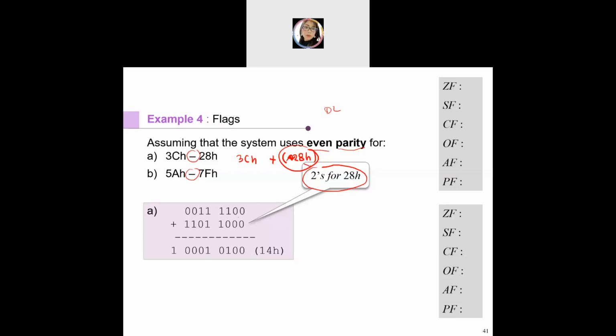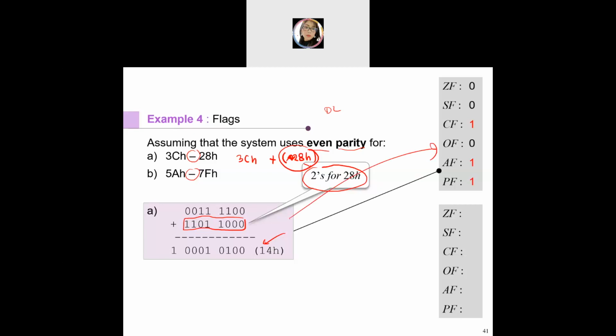It just changes to be a second complement, and this is the result. So you're going to get 10010100. So using this answer, you need to update your flag about the ZF, SF, CF.